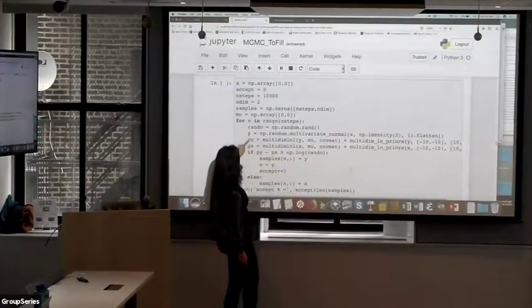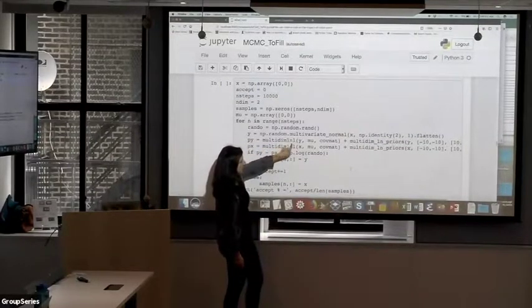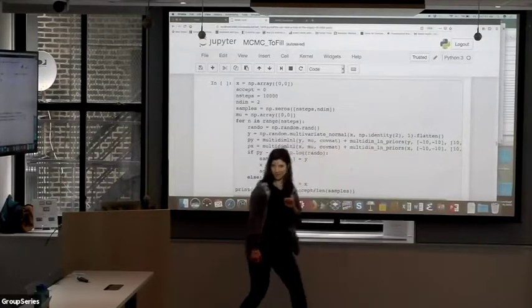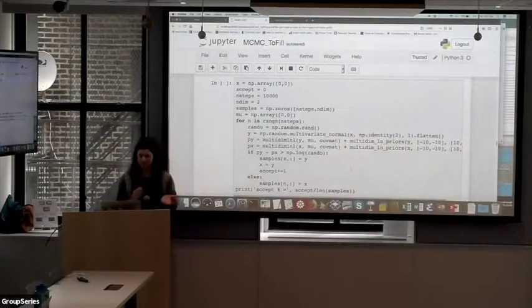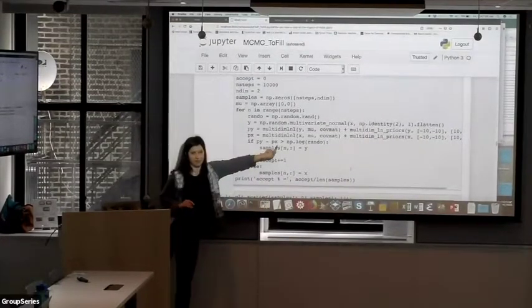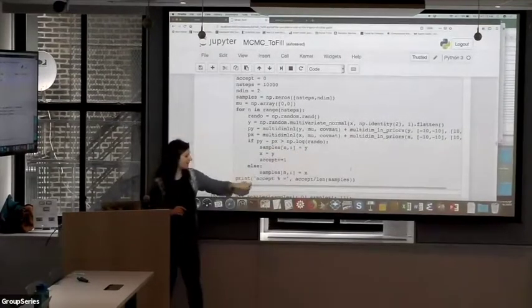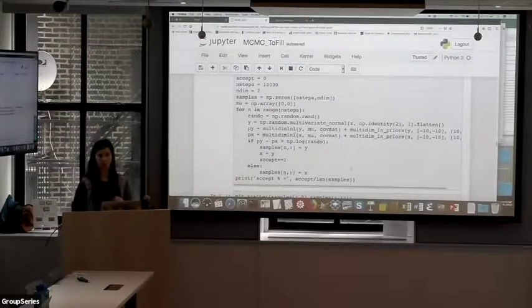And then these are my posteriors, which are the product of the multidimensional likelihood. Actually, they are the sum because they're logs, and the priors, and this is where the priors are specified. And then I'm just implementing the same criterion: if this is satisfied, then my new sample will be the new point, and if not, then my new sample will be the old point.